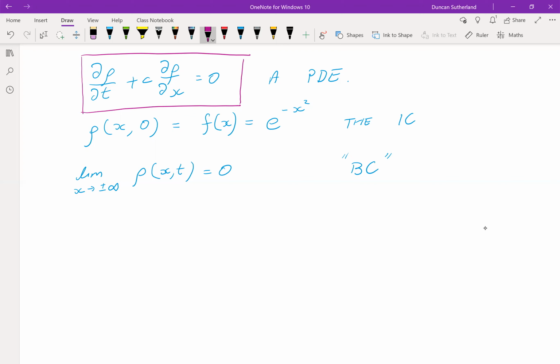I'm just going to hand wave past that. We need, obviously, these two conditions because we're doing two integrals, essentially, one with respect to t and one with respect to x. Let's just sketch what our initial condition looks like.